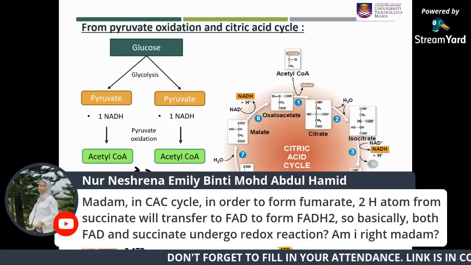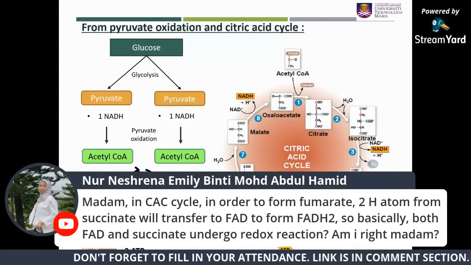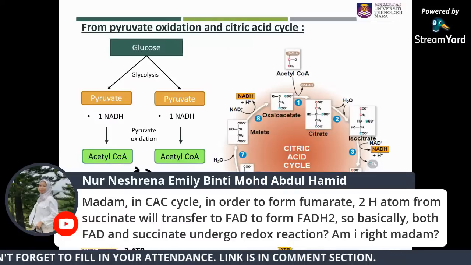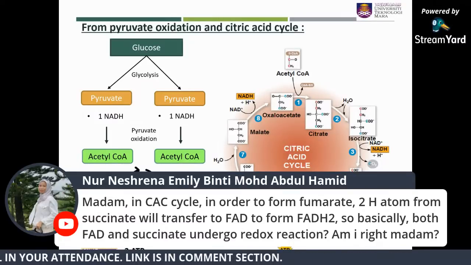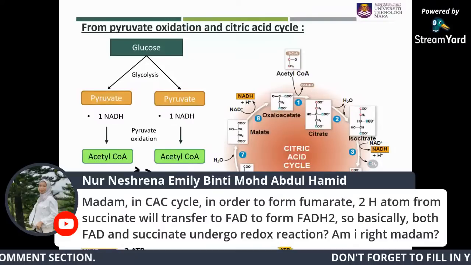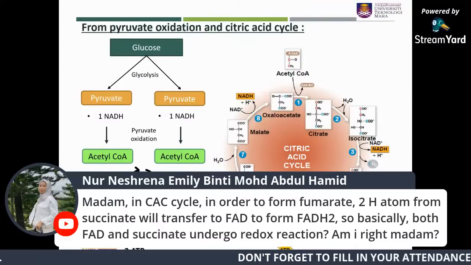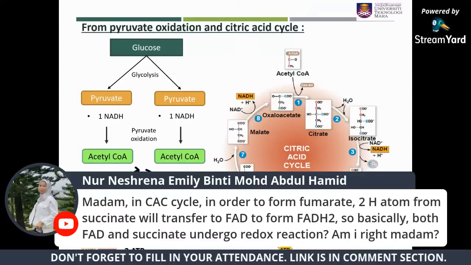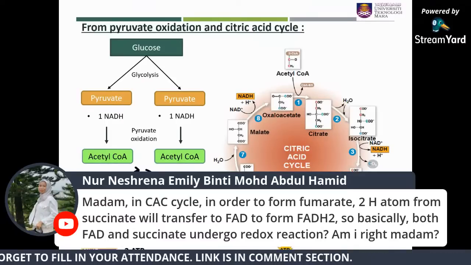Basically, both FAD and succinate undergo redox reaction. Succinate and fumarate. 2H will transfer to FAD to form FADH2. Okay.